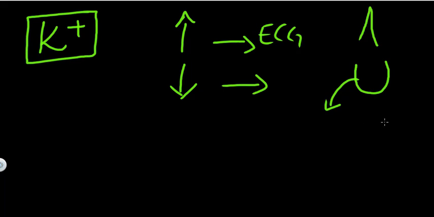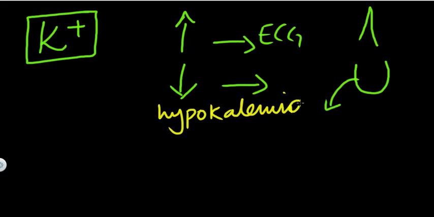You're going to see a U wave, and this shows you that you have hypokalemia, and then you can do required blood tests in order to differentiate different causes.